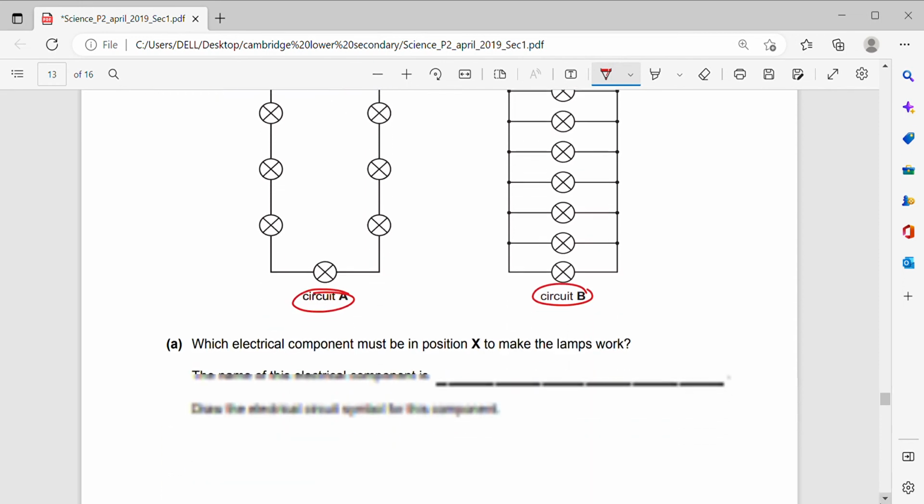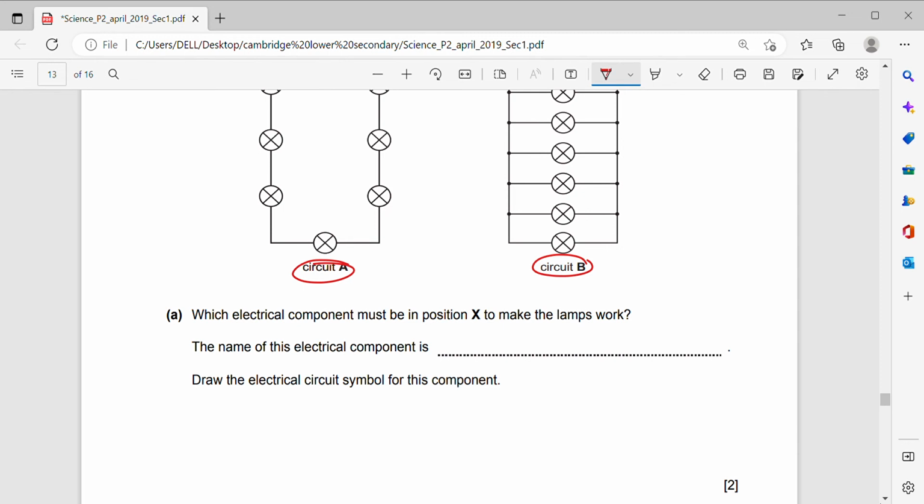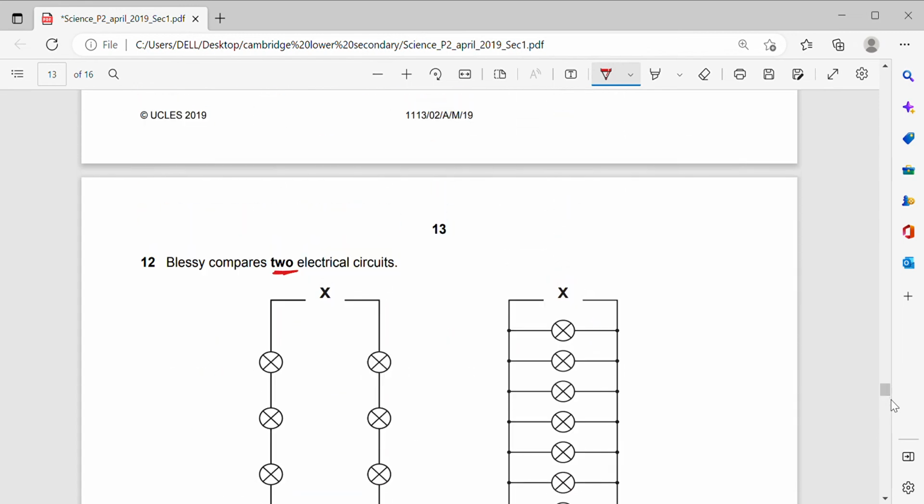Question 1 says: which electrical component must be in position X to make the lamps work? The name of this electrical component is, and draw. So this question has two parts, out of 2 marks. The name we write here and the drawing we draw here.